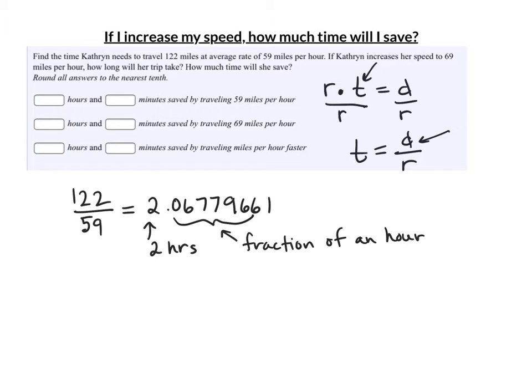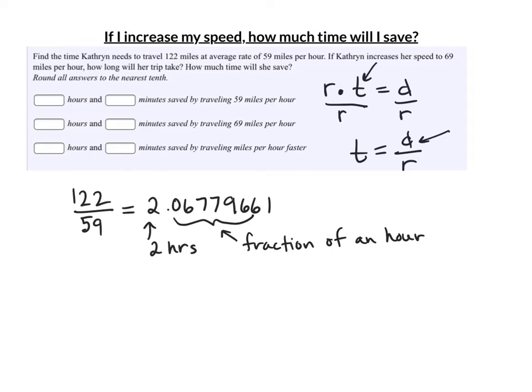So what we need to do is turn that fraction into minutes. For example, if the decimal was 0.5, 0.5 of an hour would be 30 minutes. If it was 0.25, that'd be a quarter of an hour, it'd be 15 minutes.